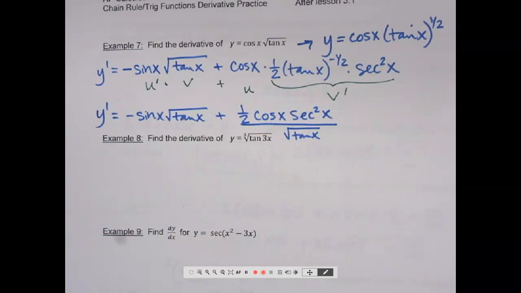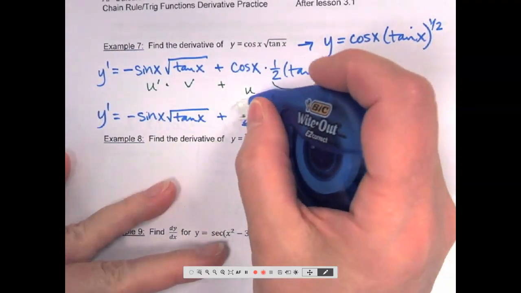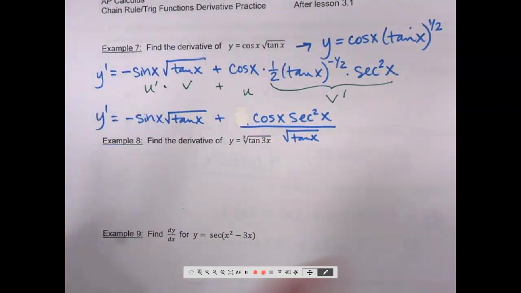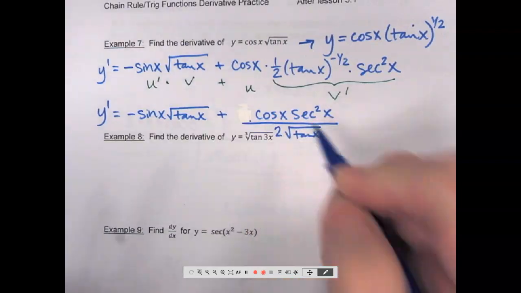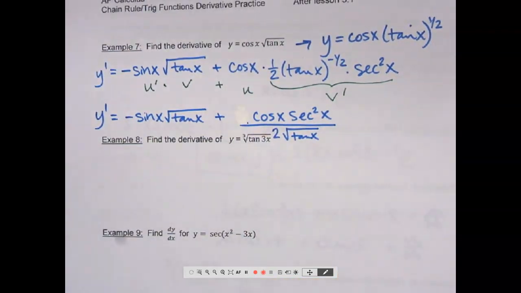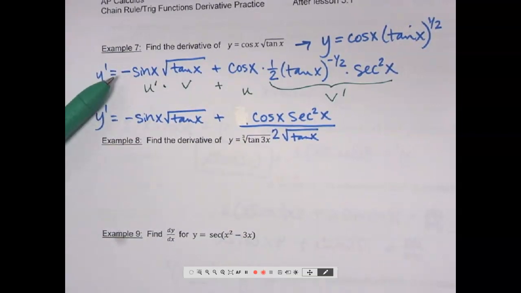I could really just put the 2 in the denominator. I'll do that here. There we go.